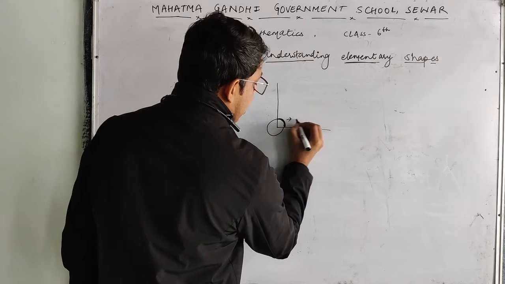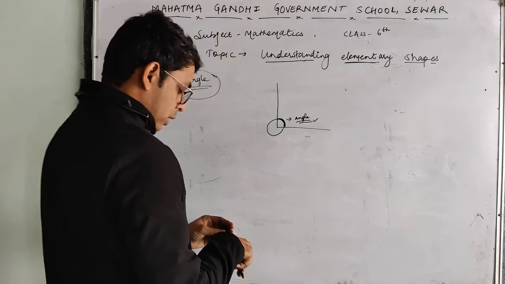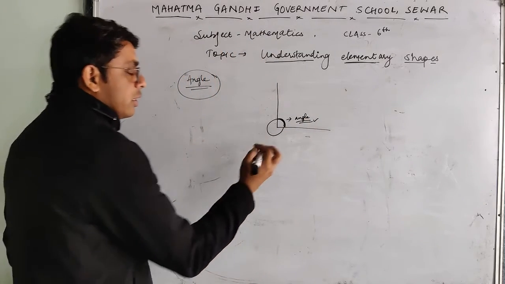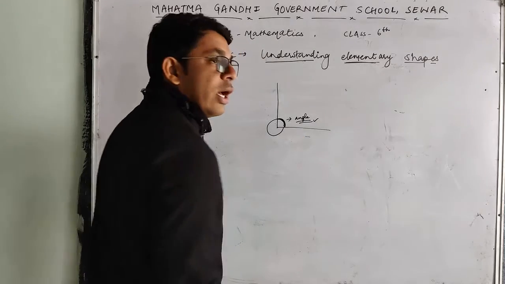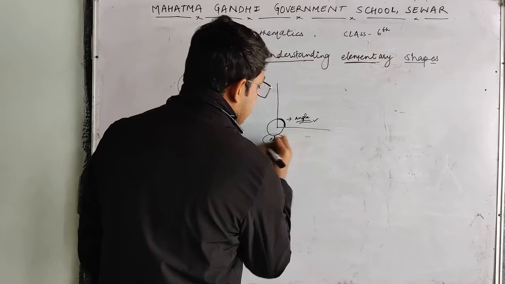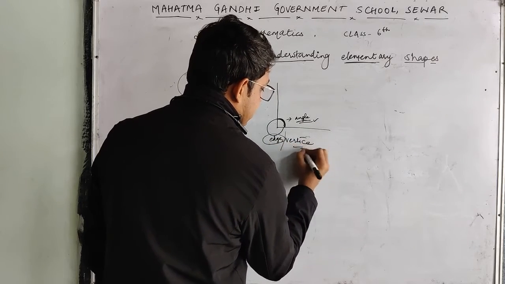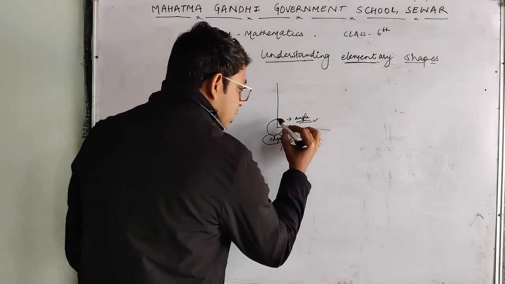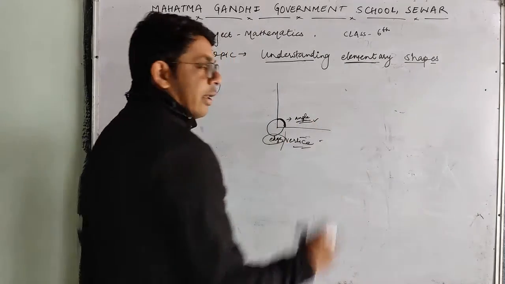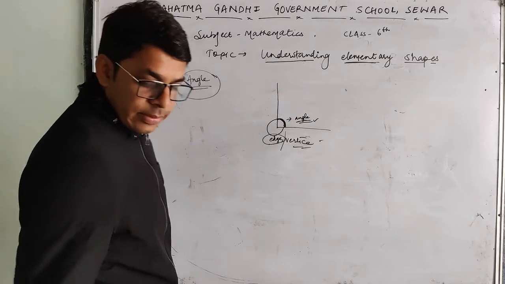These curves are called angles. The point where these two lines are meeting, the outer is called edge and the inner is called angle, or edge or vertex. Angles can be of several types.